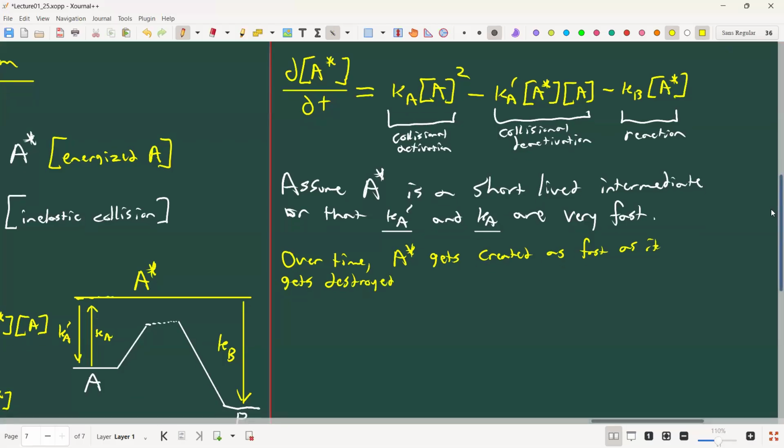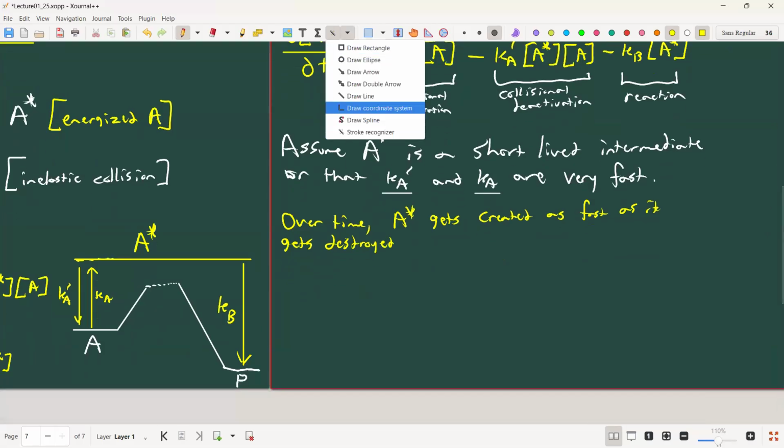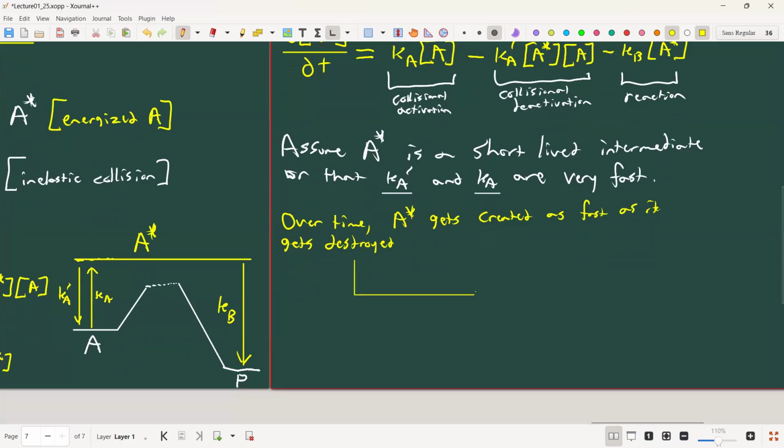Okay, and so if we think about the concentration of A prime as a function of time, it's oscillating very rapidly, being created and destroyed, created and destroyed.